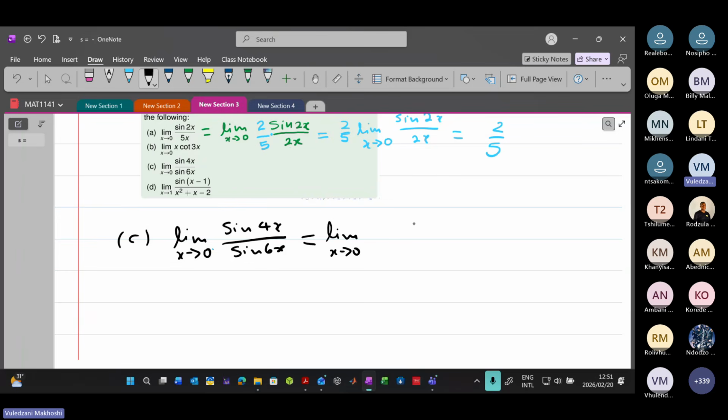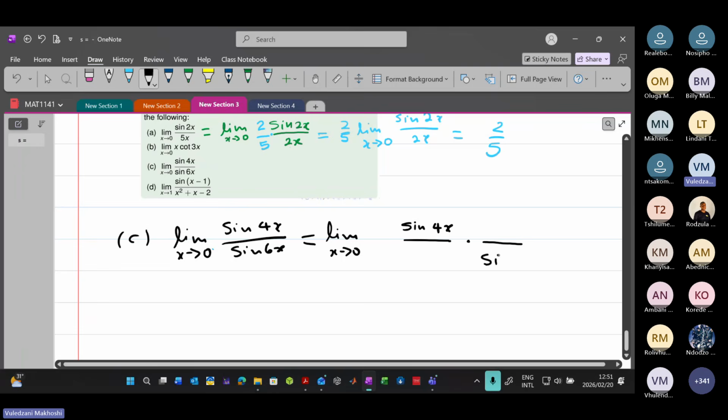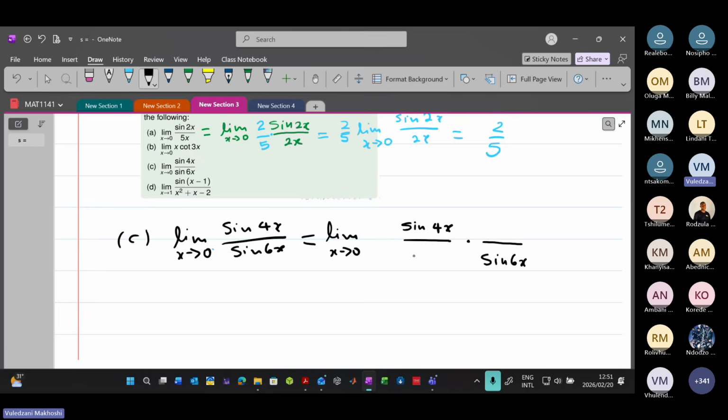We want sine of 4x, so we want a 4x there, multiplied by something over sine 6x. For this, we want a 4x here, and for this, we want a 6x up there.